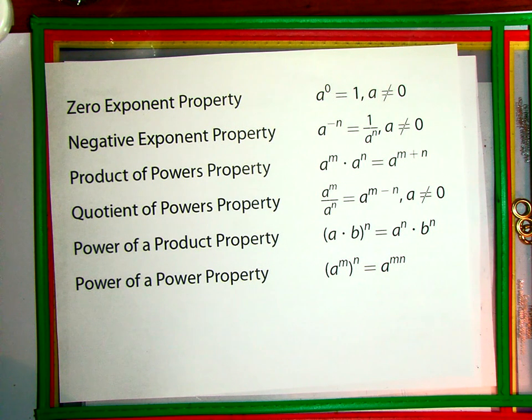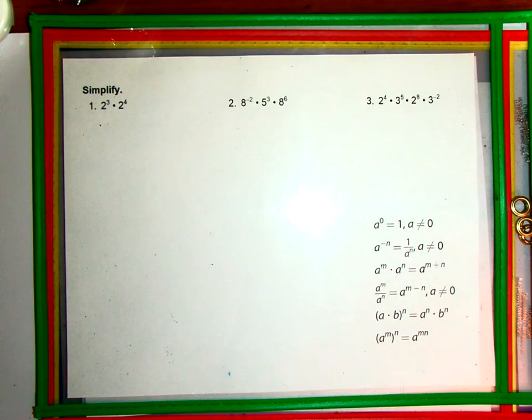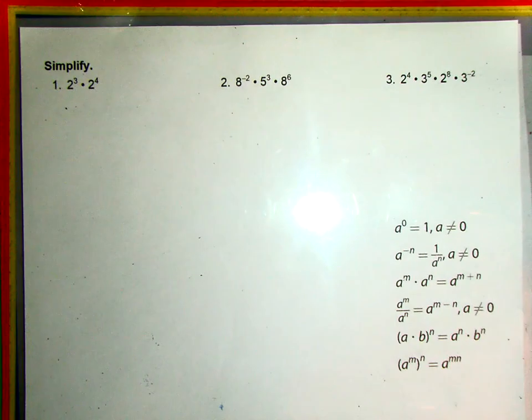So let's take a look at a few examples. What you want to do is take a look at the problem and see which rule it matches to and execute it just like it says. Alright, so on number 1 here, we have 2 to the 3rd times 2 to the 4th.